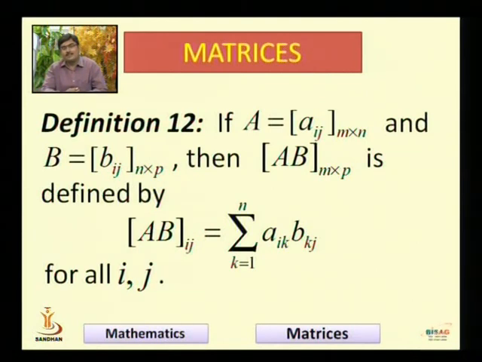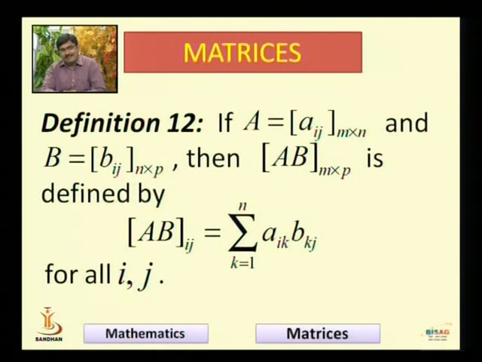Now, look over here, whenever we are adding two real numbers, we do not bother at all. Whenever we are adding two matrices, we just bother that both of them should be of the same size. But now, when we are performing the multiplication of two matrices, we should be careful.